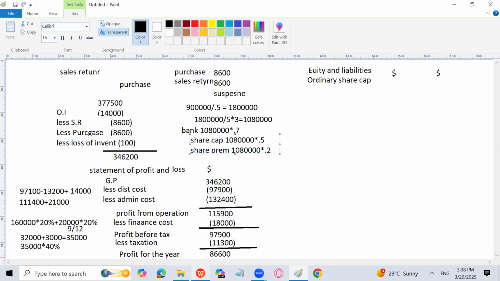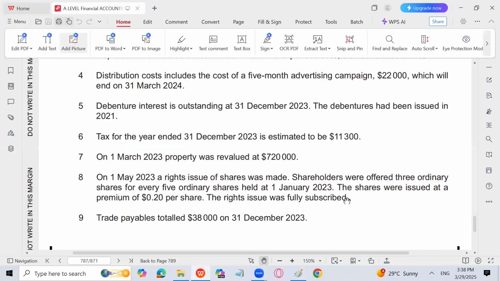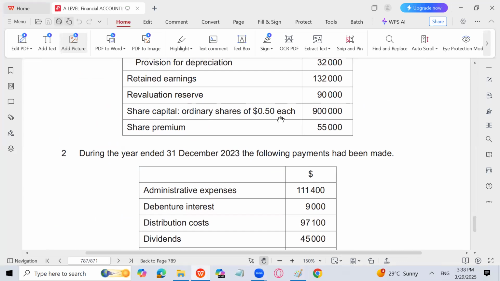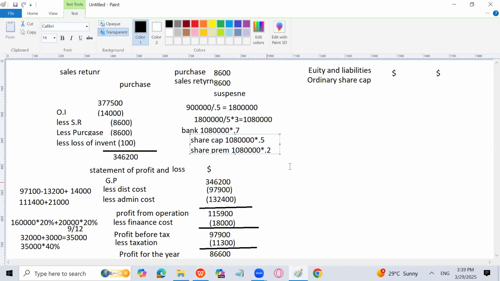How come, sir? See, the shares are issued at a premium of 0.2 and per share value is 0.5. So 0.5 plus 0.2, it means that right shares are issued at 0.7 per share. The bank will come 10,80,000 into 0.7, whatever the amount will come.